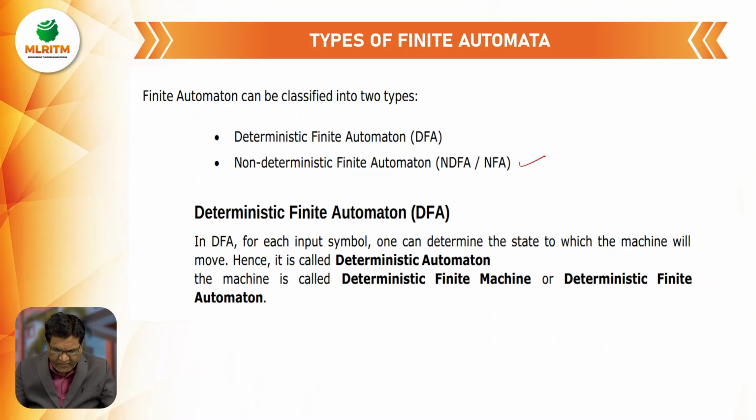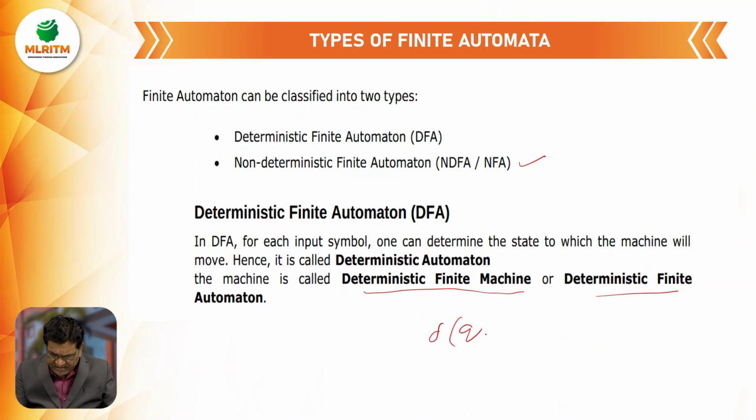In a DFA, for each input symbol, one can determine the state to which the machine will move, from one state to another state. That is why it is called a deterministic finite automaton. The main idea of a DFA is that it moves from one state to exactly one state. Delta of q0 comma a goes to q1 only.